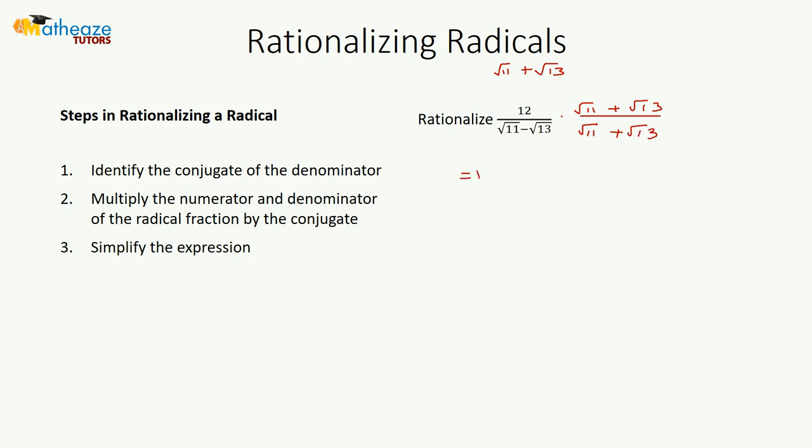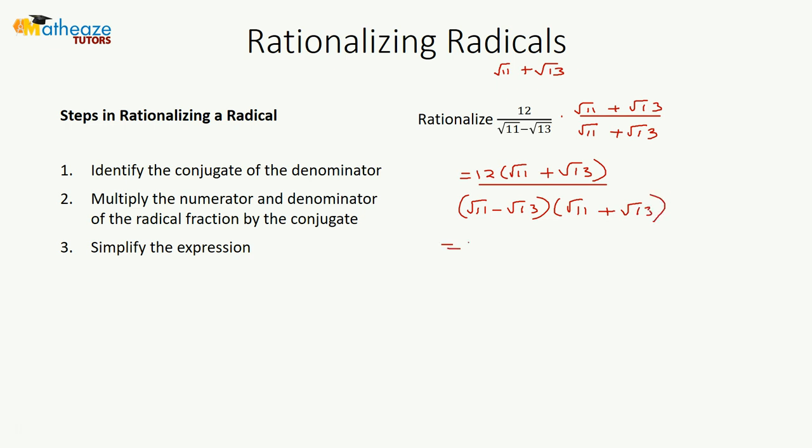So this is going to give us 12 times square root of 11 plus square root of 13, divided by square root of 11 minus square root of 13 and then square root of 11 plus square root of 13.